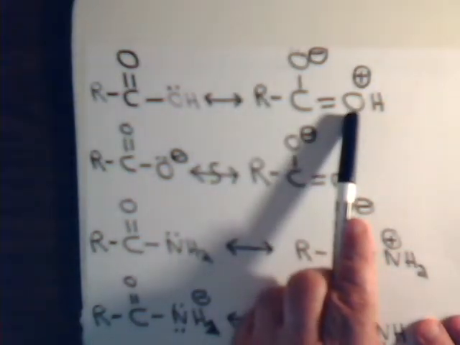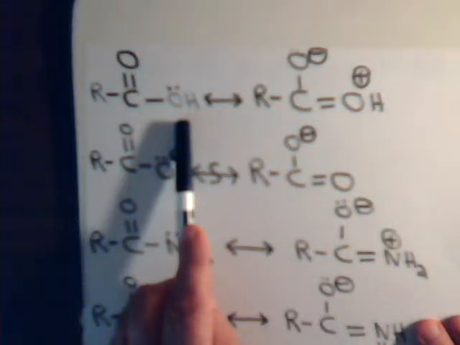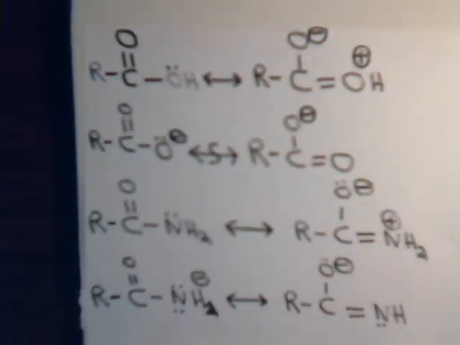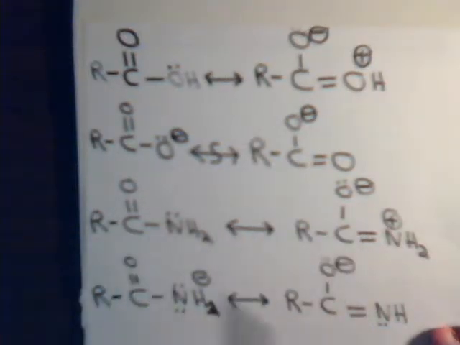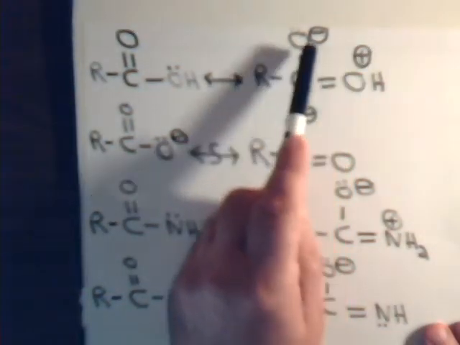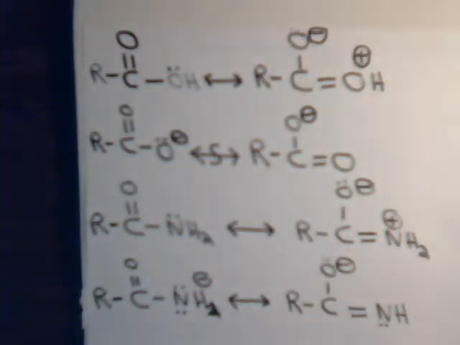But let's compare this resonance of the protonated carboxylic acid with the resonance of the amide, this. Here we have charge separation. Here we have charge separation. Again, not ideal but permissible.